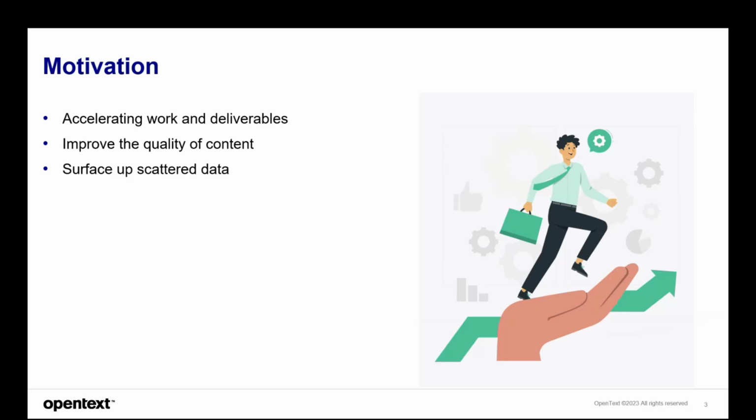Okay, so the motivation is mainly, again, as the whole idea of large language models is indeed to accelerate the work and the deliverables that we need to provide in our daily work.